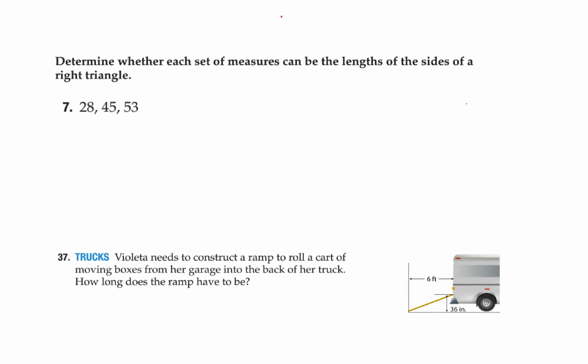Let's try the next one. Same concept. First, figure out what the biggest one is. In this case, that's that one. That's our c. So we're going to see if 28 squared, a squared plus b squared equals c squared, plus 45 squared, equals 53 squared.